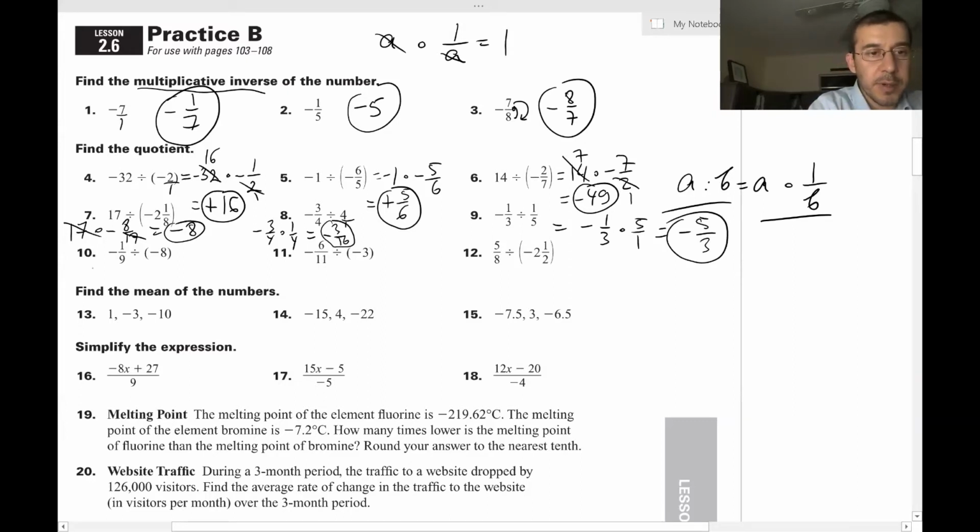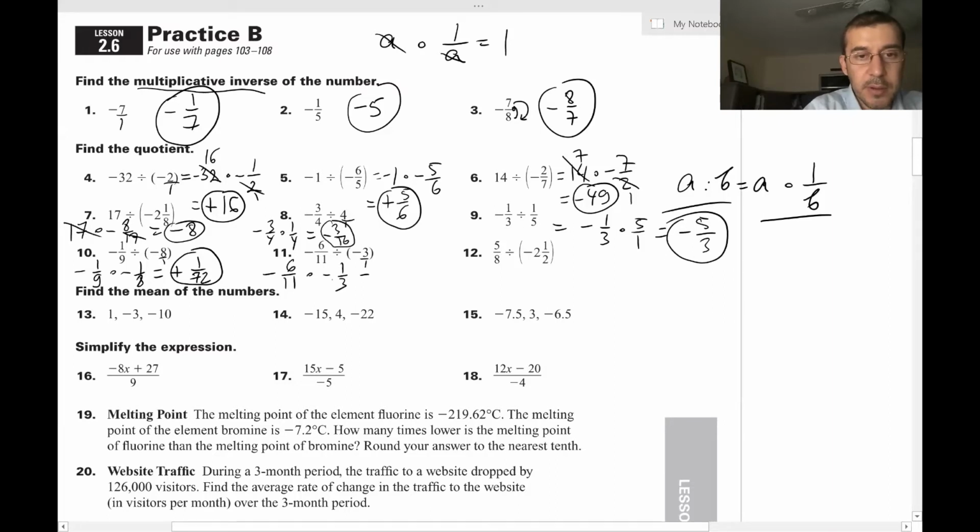Number 10, we have -1 over 9, times, this is over 1, so it's going to be -1 over 8. Minus times minus is plus. 1 times 1 is 1. 8 times 9 is 72. So 1 over 72.